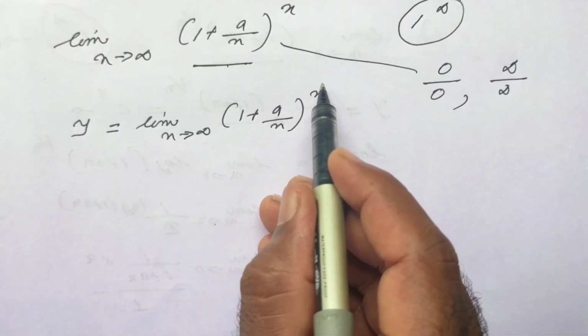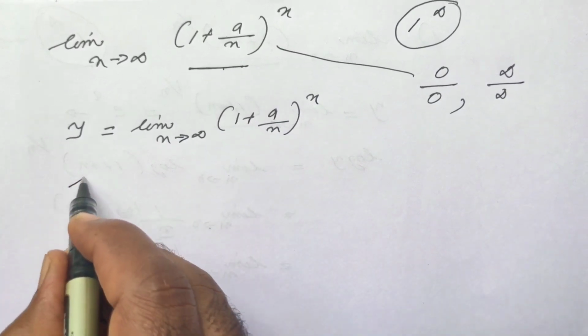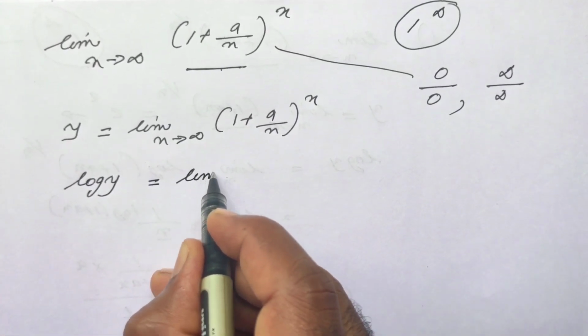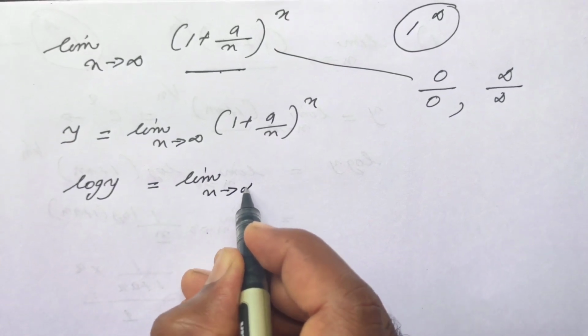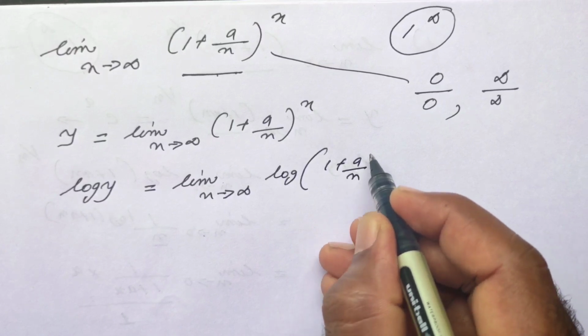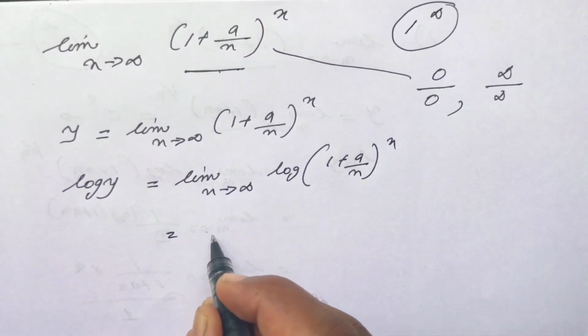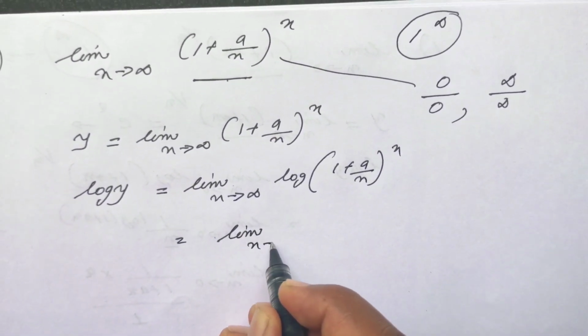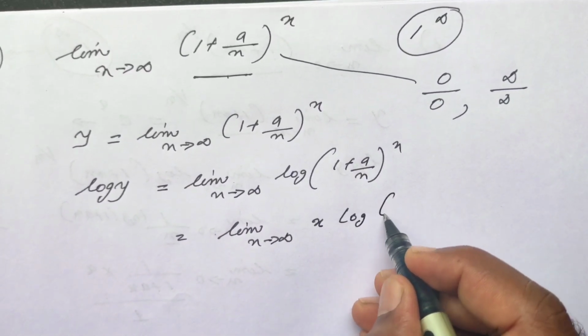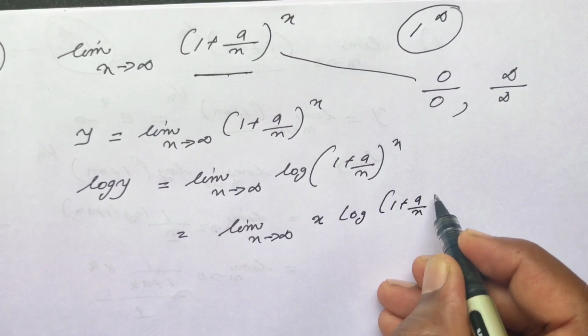To bring the power term down, let's take the logarithm of the value, that is log y will become limit x tends to infinity, log of (1 plus a by x) raised to x, that is equal to limit x tends to infinity, x into log of (1 plus a divided by x).